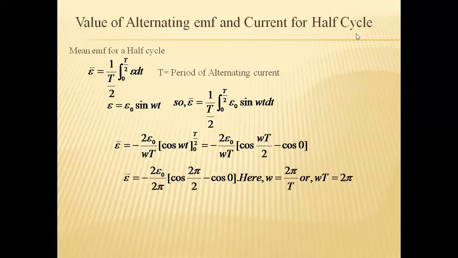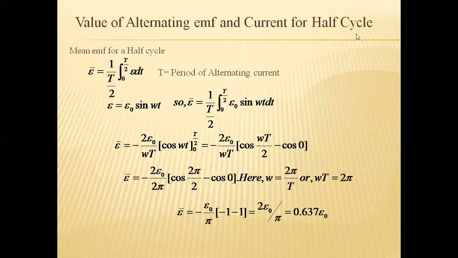And finally we get that E bar is equal to minus 2 E naught by twice pi times [cos of twice pi by T times T by 2, minus cos of 0], because we know that the angular frequency omega is equal to twice pi by T, or omega T is equal to twice pi. Then we get the result E bar is equal to minus E naught by pi times [minus 1 minus 1], because the value of cos pi is equal to minus 1 and cos 0 is equal to 1.